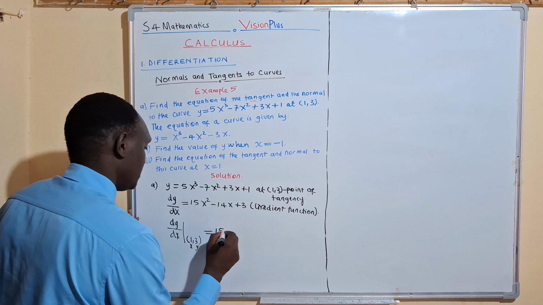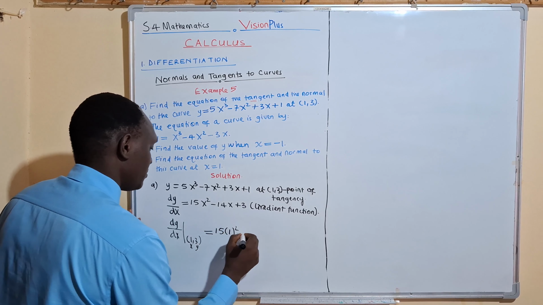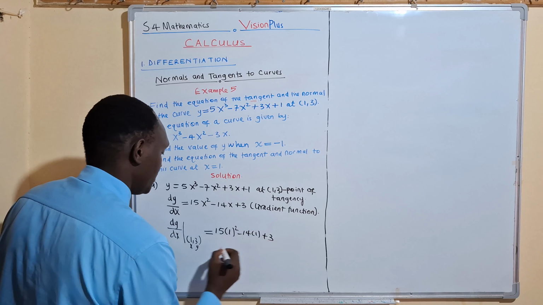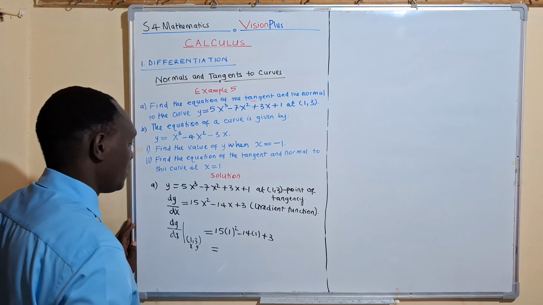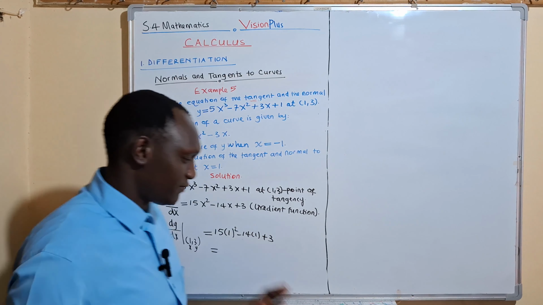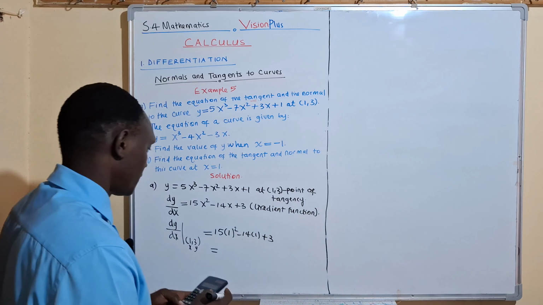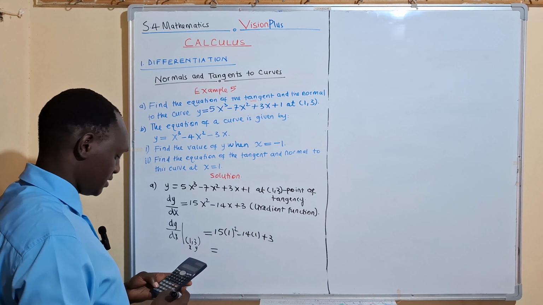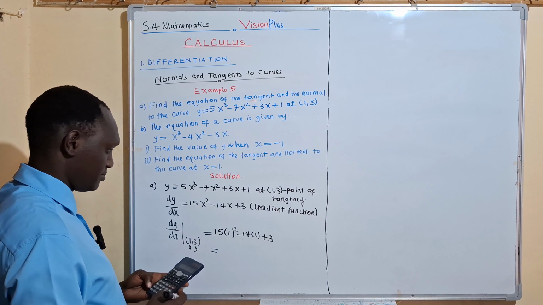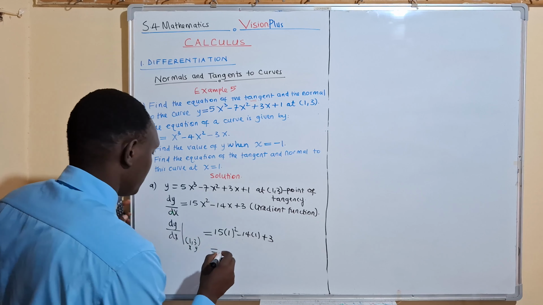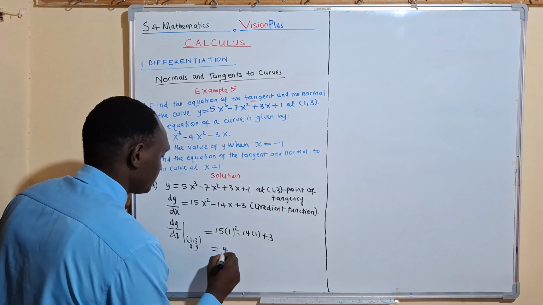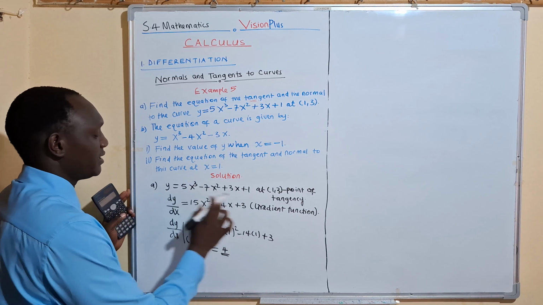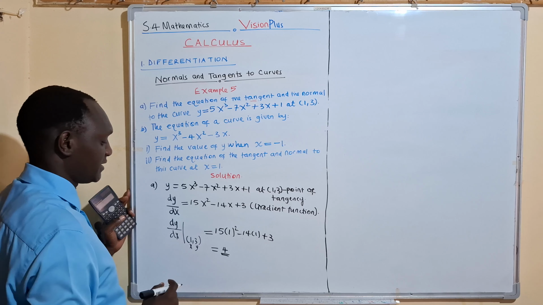So here we shall have 15 times 1 squared minus 14 times 1 plus 3. 15 times 1 squared is 15, 15 minus 14 plus 3 is 4. So 4 is the gradient of the curve at the point of tangency.